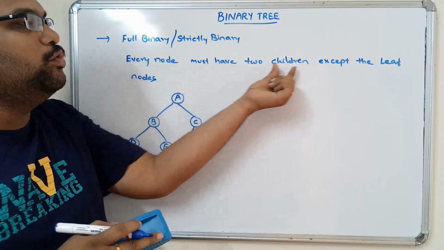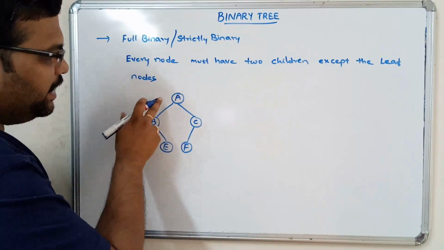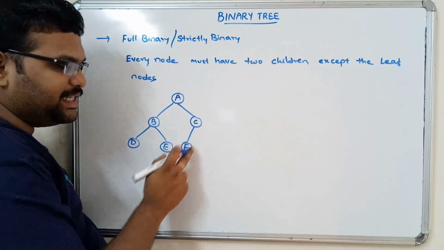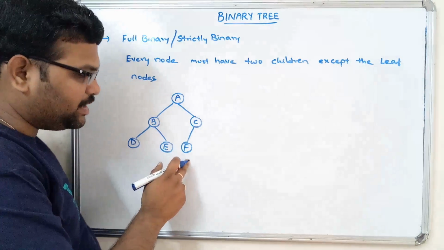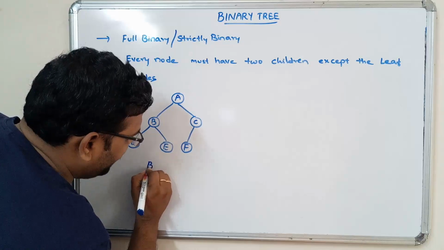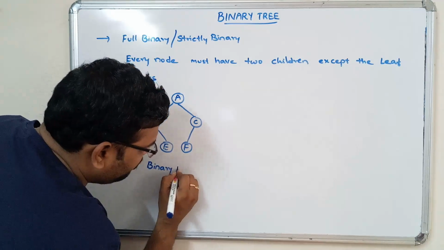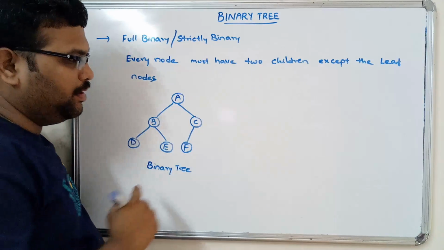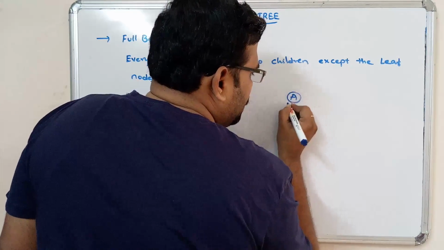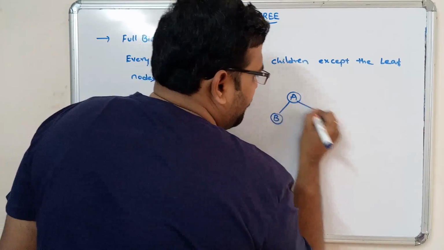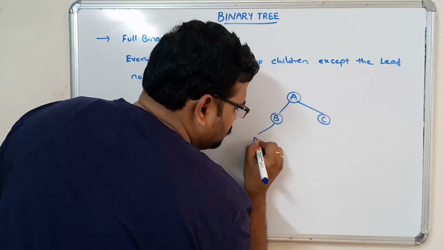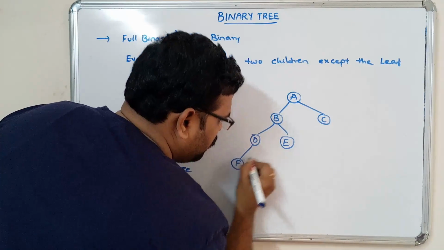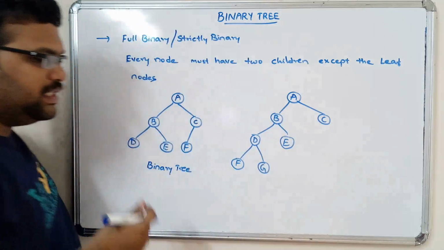Every node must have two children except the leaf nodes. So here A is having two children, B is having two children, and C is having only one child. So that's why this is called a binary tree but not a full binary tree or a strictly binary tree.